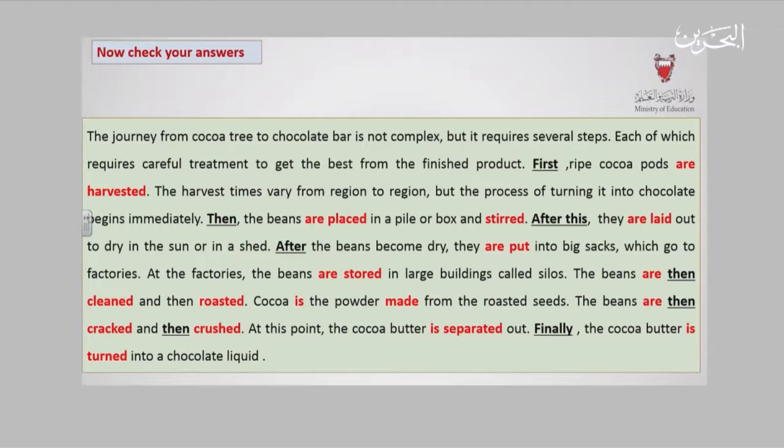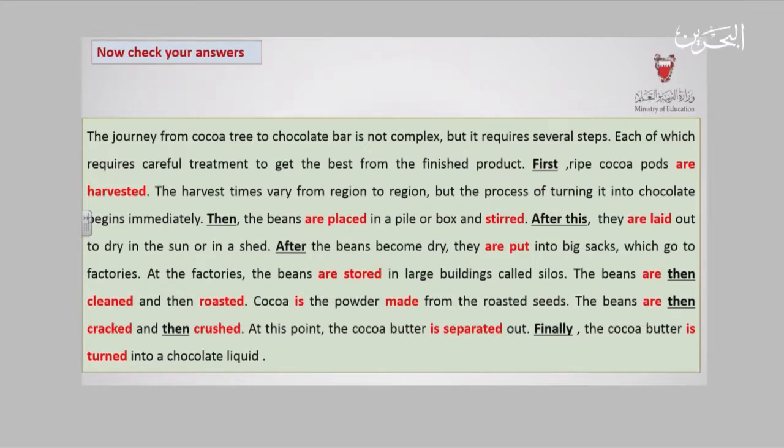Then, the beans are placed in a pile or box and stirred. After this, they are laid out to dry in the sun or in a shed. After the beans become dry, they are put into a big sack which goes to factories. At the factories, the beans are stored in large buildings called stalls.